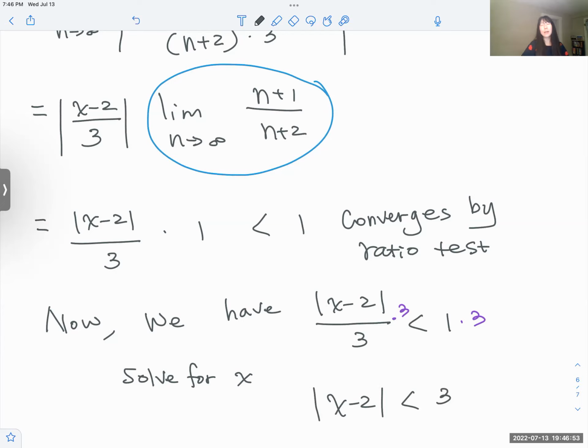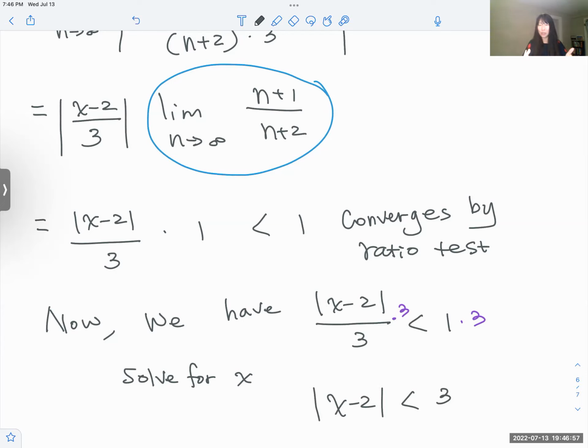Okay. Then from the algebra course, we have an absolute value is less than 3, so we write it this way: negative 3 less than x minus 2 less than 3. So x minus 2 is between negative 3 and positive 3. To solve for x, we add positive 2 to all sides.